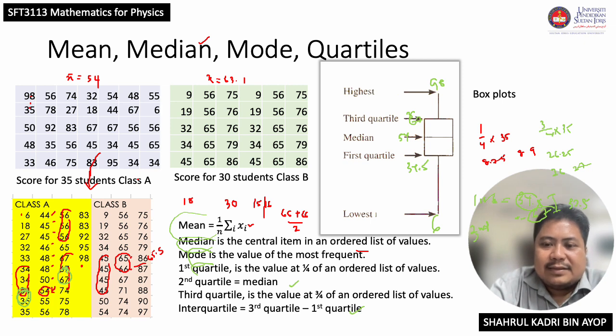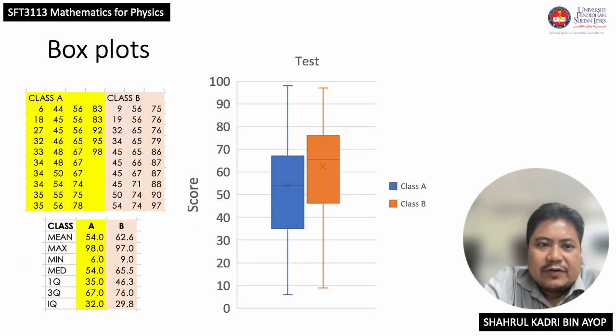Okay, so let's look at the advantage of this box plot. For example, we again have the same class. Then we can compare between these two. The cross represents the mean. So we have the highest, the third quartile, the second quartile or median, the first quartile, and the lowest.